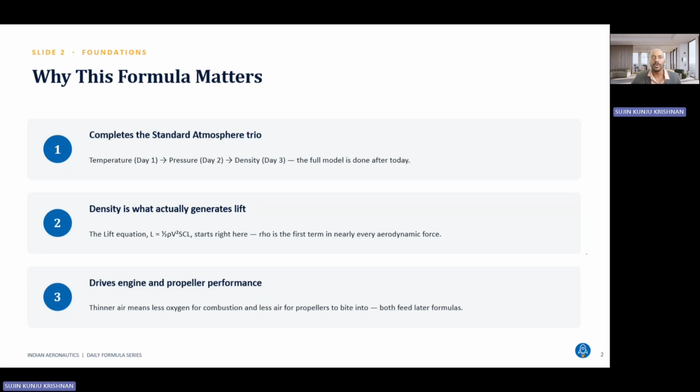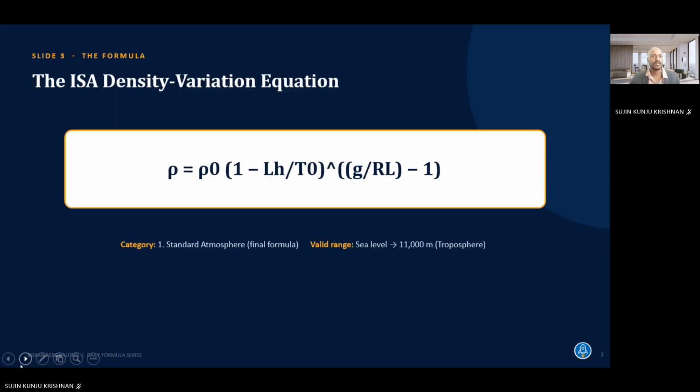So L, T0, G, and R are exactly the same constants we used on day one and day two. Nothing new to learn there. And H is altitude in meters, same as always. The ISA density variation equation here again.